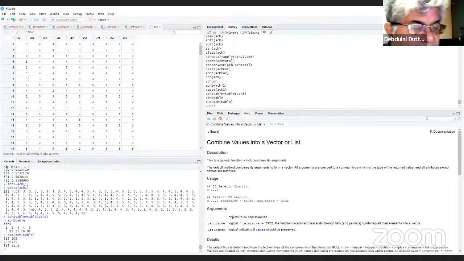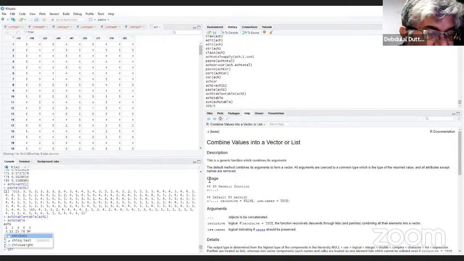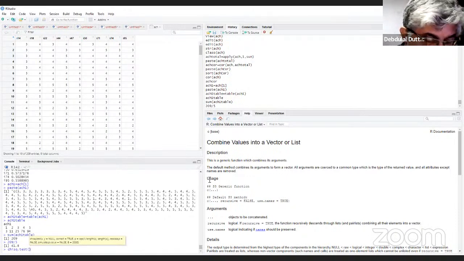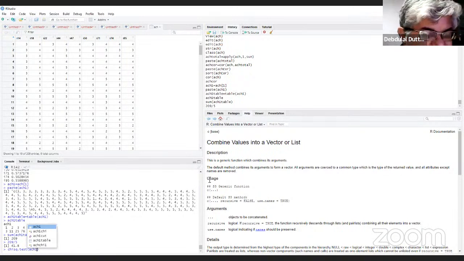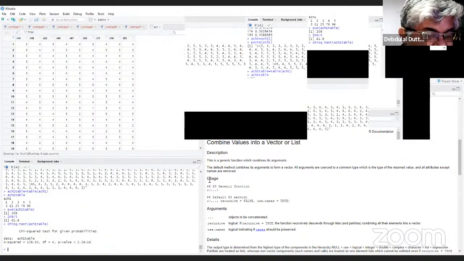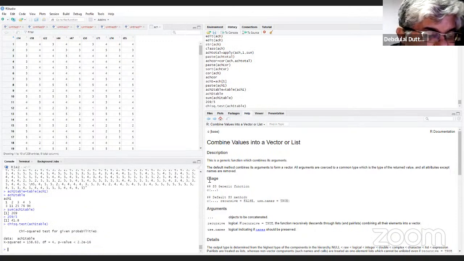So now we have to do this analysis, that chi-square test, ACH1 table. Okay. So here we find that the chi-square value for the first item is 158.63 and DF is 4.